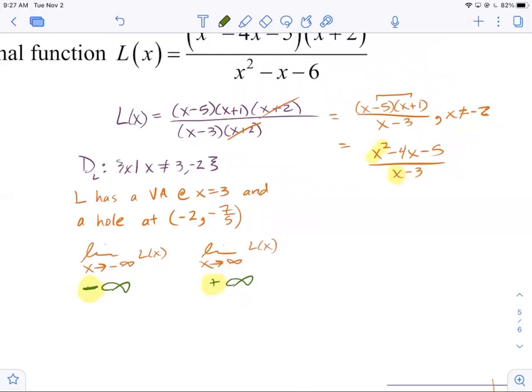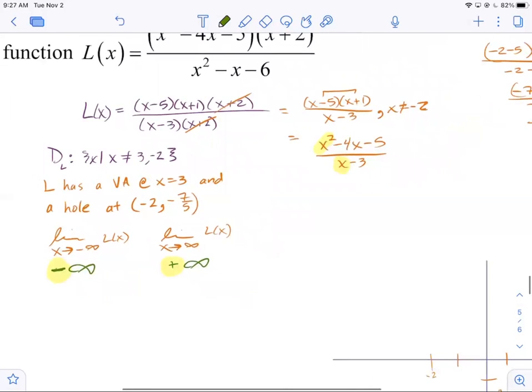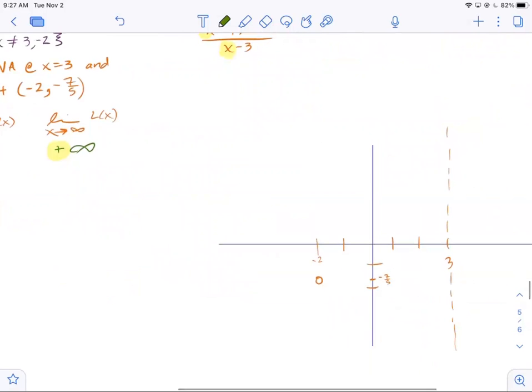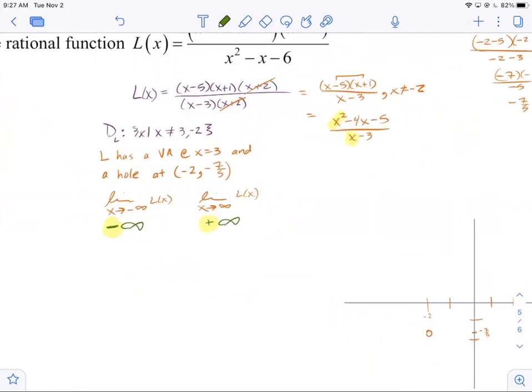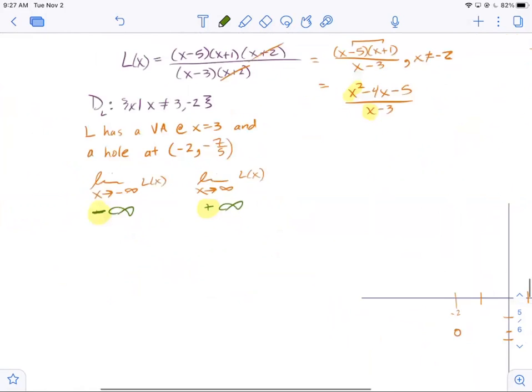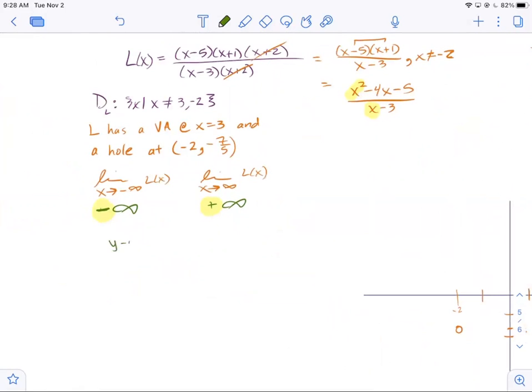All right. So there is no horizontal asymptote. So what else can we do? Well, I guess we're stuck with the intercepts, right? That's where we're at. There's no other asymptote to draw. So let's look at the y-intercept. And for the y-intercept, that's L of 0.